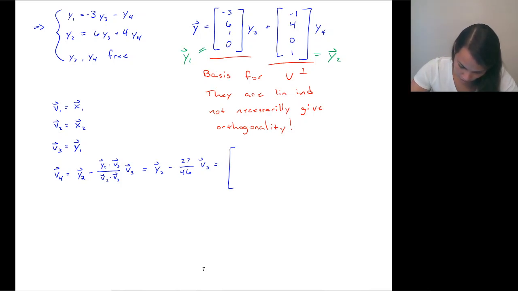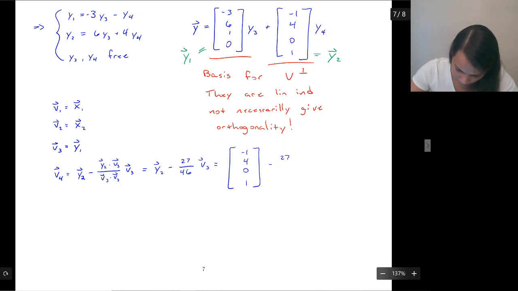So Y2 is -1, 4, 0, 1 minus 27 over 46 times -1, 4, 0, 1.